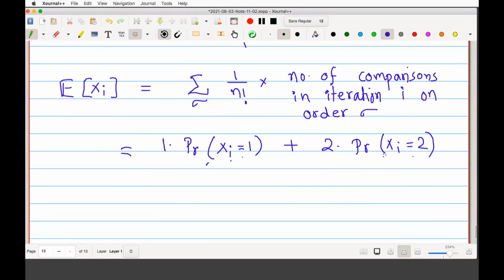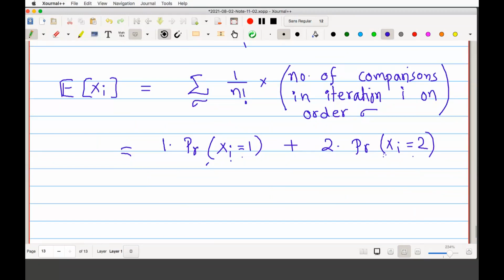Sir, one question. We have written number of comparisons in iteration I on order sigma, so we are calculating for one particular order only. Yes, that is in the definition. The definition is that you go over all orders, so this summation is over n factorial orders.